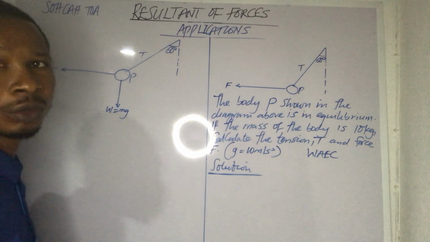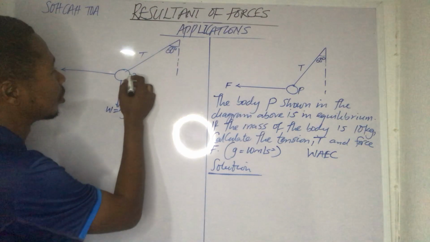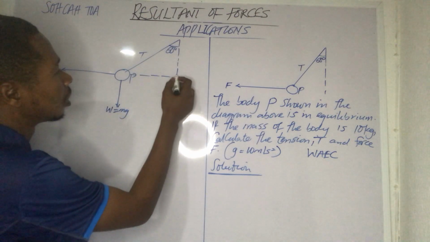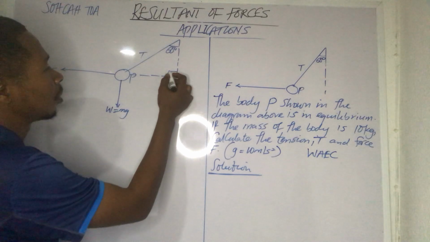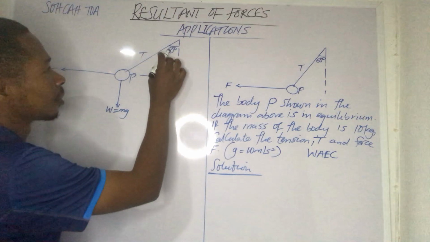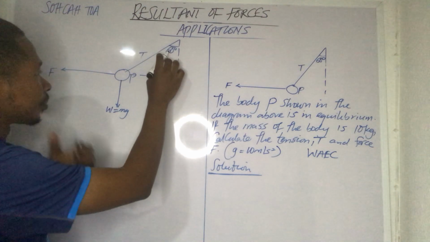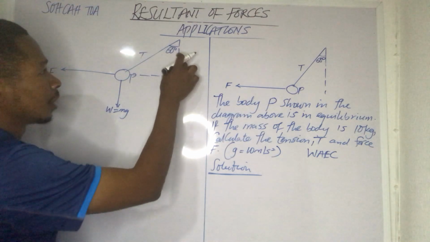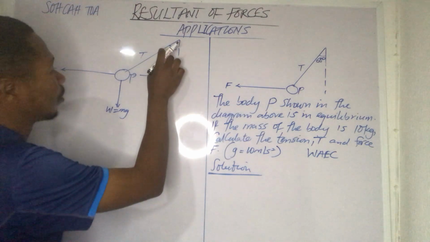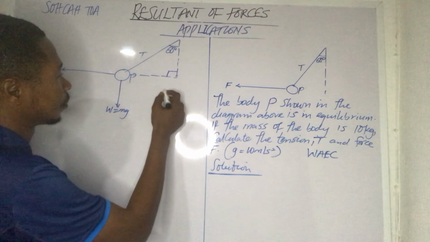Then after that, you need to first complete this triangle. If I complete this triangle, I can bring it out. I'll look for my adjacent and opposite. If I bring this triangle out, this is what I have.